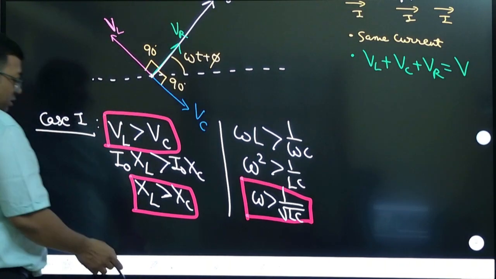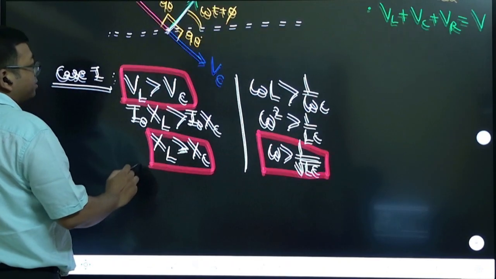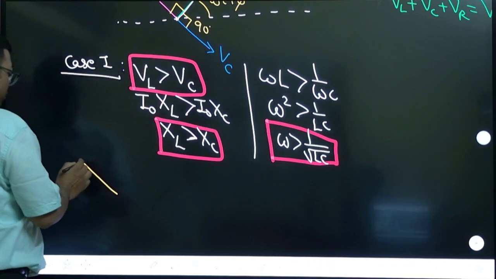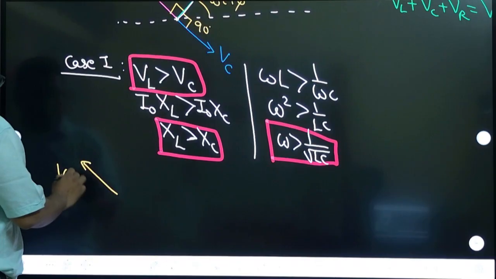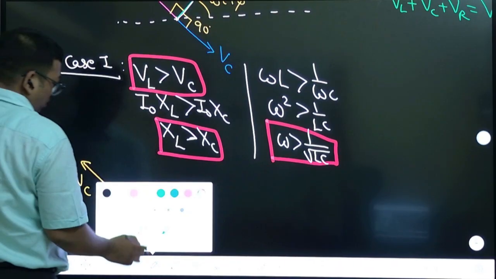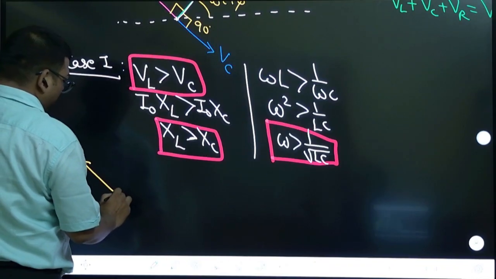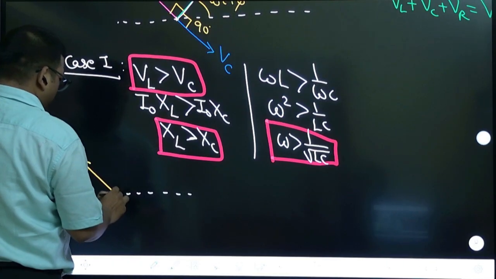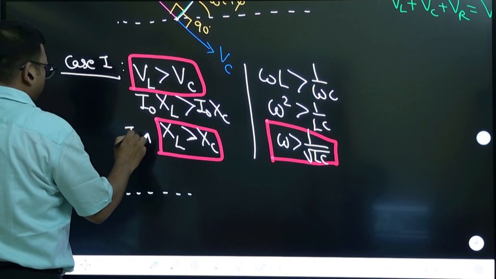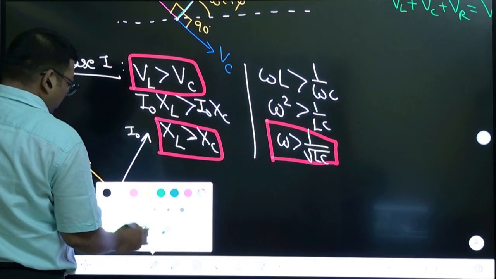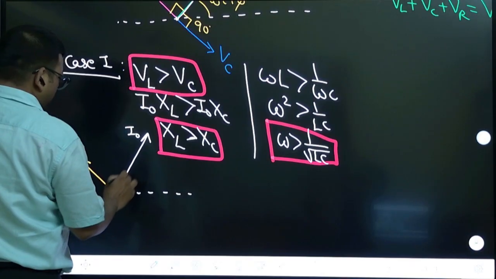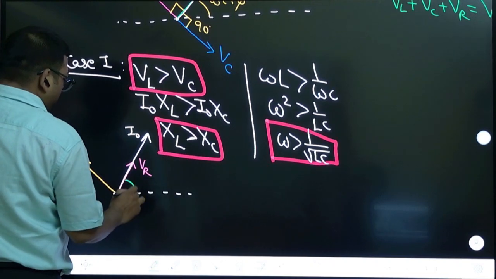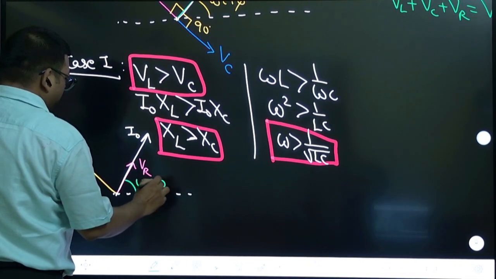So let us redraw this diagram for this case. So we will find out this vector VL minus VC. Here we have taken a horizontal line, and we have taken this as current I naught, and this angle we have taken already, and this side we have taken VR, and this angle we have taken omega t plus phi.